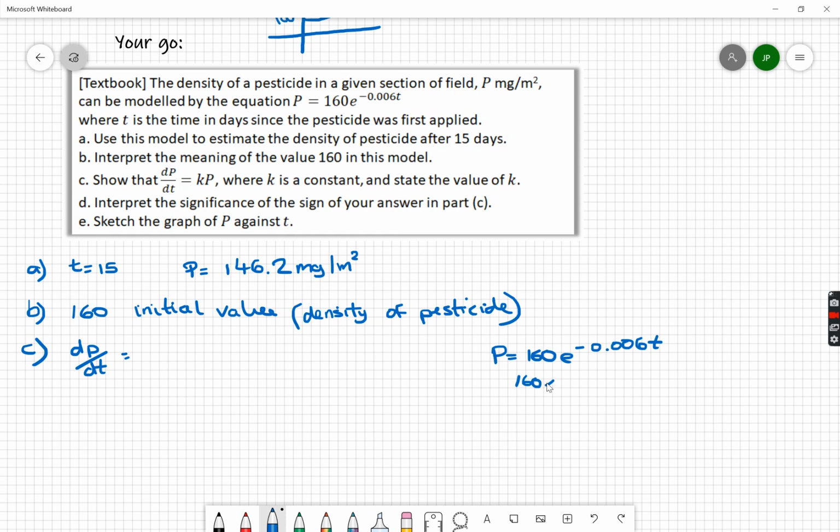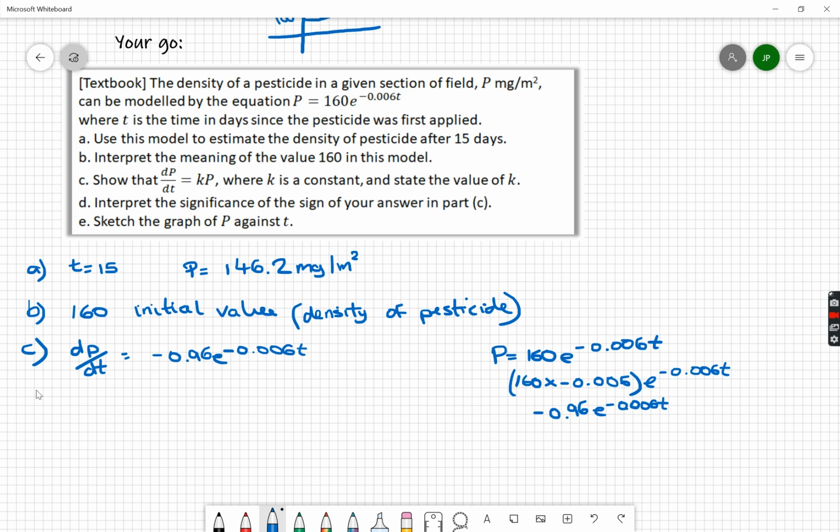So I end up with 160 times 0.006 e to the negative 0.006t. And that's going to come out as minus 0.96 e to the minus 0.006t. Make sure we are nice and happy with these differentials of exponential functions, because they will come in really, really handy later on.